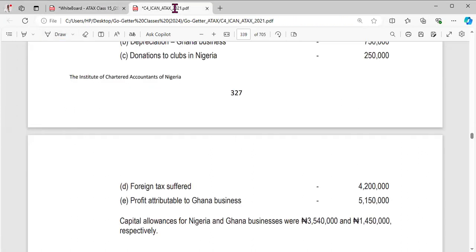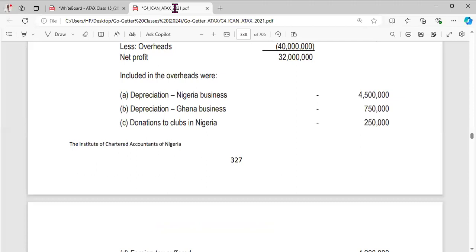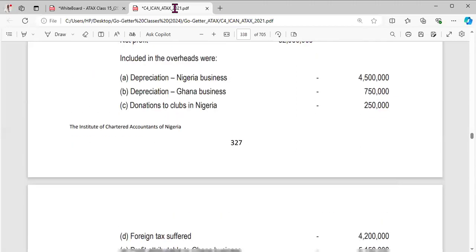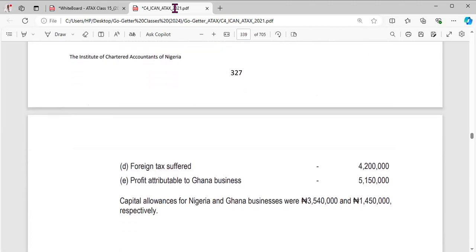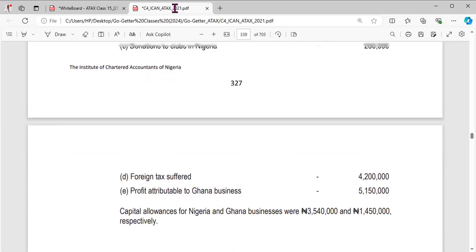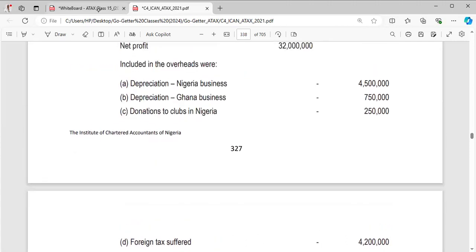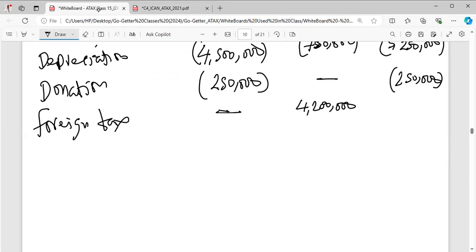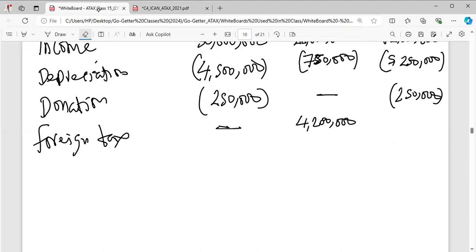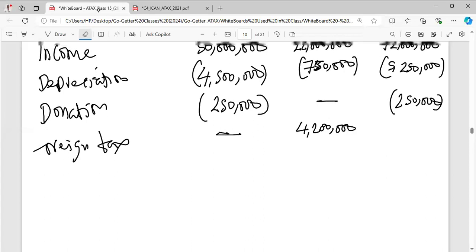Now leave this profit attributable. The profit included in the overheads is the profit attributable to the Ghana business. So what will happen here, look at Ghana.